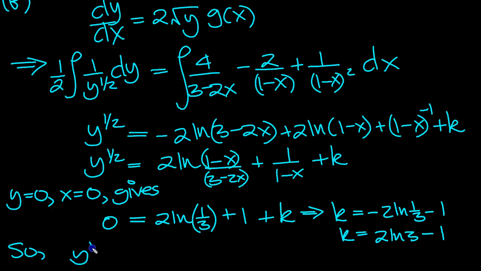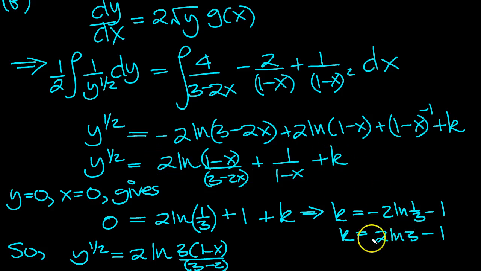So y to the half then is equal to 2 ln. The k here is 2 ln 3, so basically you can put the 3 in here because it's plus, isn't it? Plus 2 ln 3, so it will be equal to 2 ln 3 times 1 minus x over 3 minus 2x. So all we did there was in our mind's eye, that 2 log 3 was here.